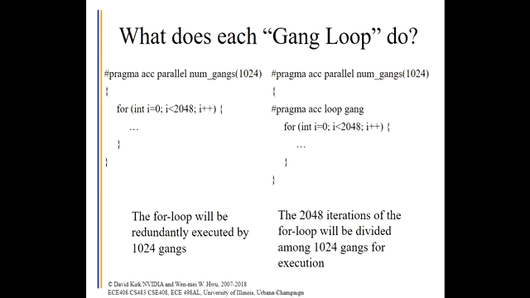The compiler will divide up the iterations and execute a portion of them with each GAN, and so the GANs will collaborate and execute all the loop iterations.